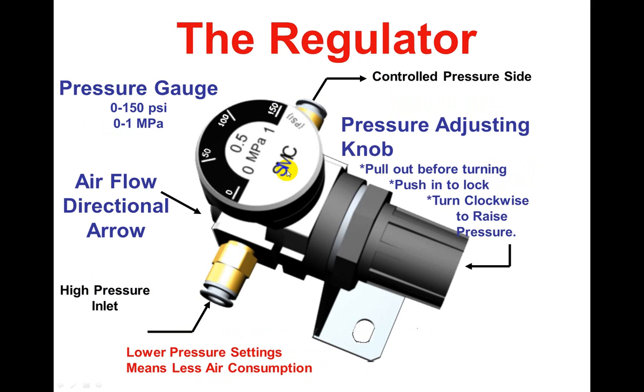Here's the regulator. The regulator controls the air pressure of the pneumatic circuit components downstream of the regulator. Designing machines that work effectively with lower pressures means you will have more effective reservoir capacity. I'm having a hard time pronouncing things, sorry.